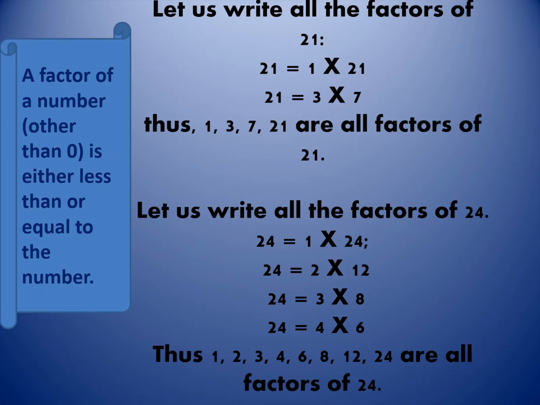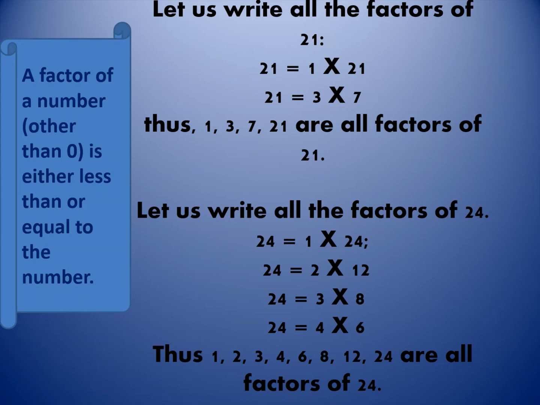Now, let us experience with the help of examples. Let us write all the factors of 21. 21 is equal to 1 multiply 21. 21 is equal to 3 multiply 7. No other table is there in which 21 comes.